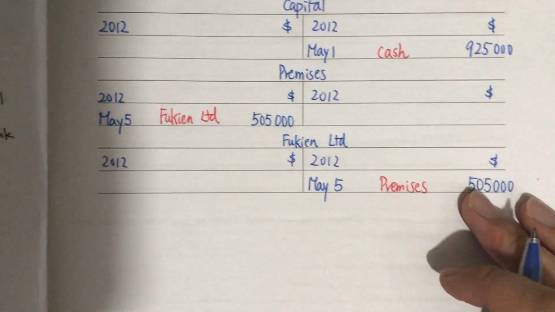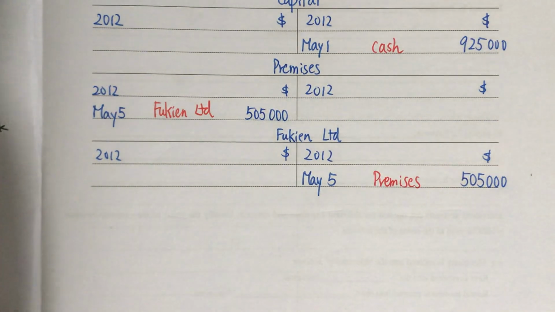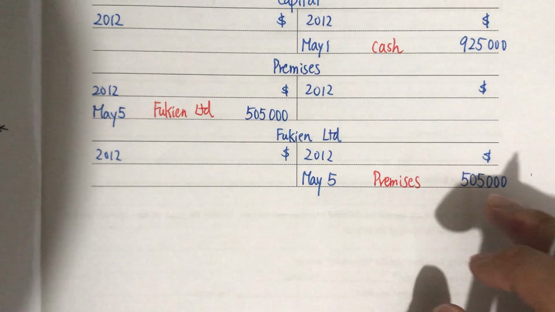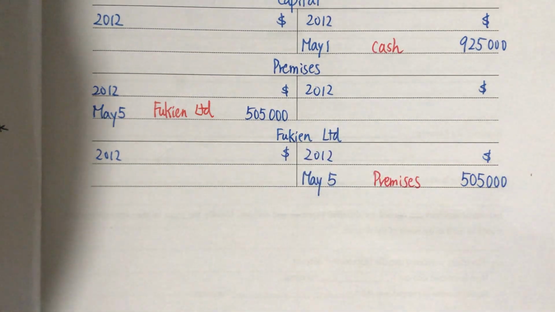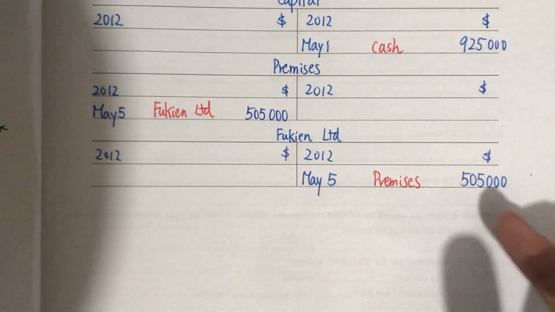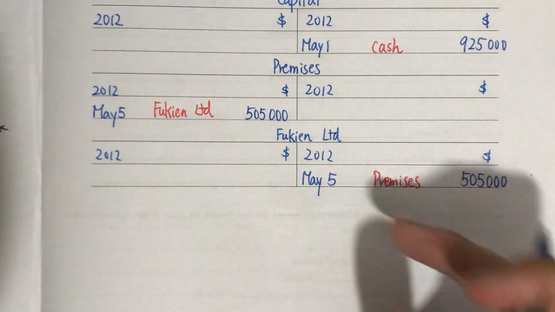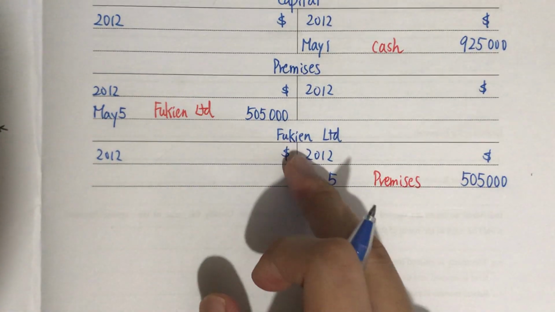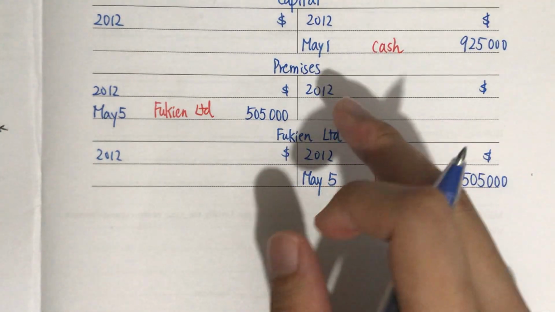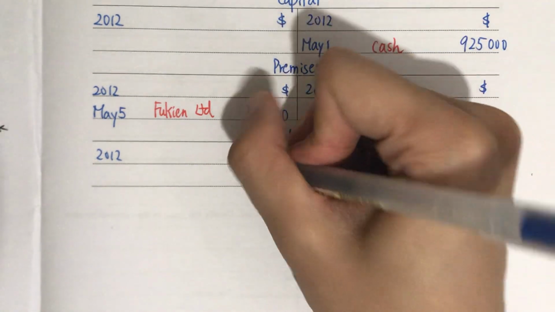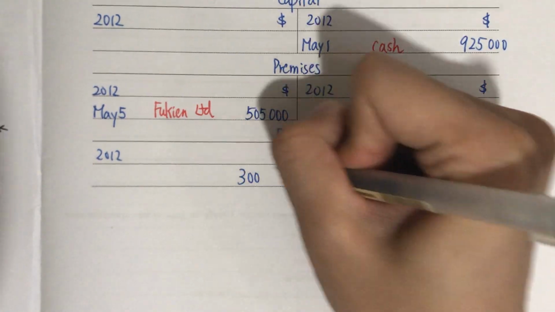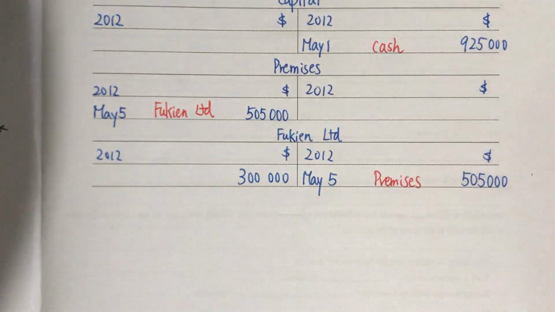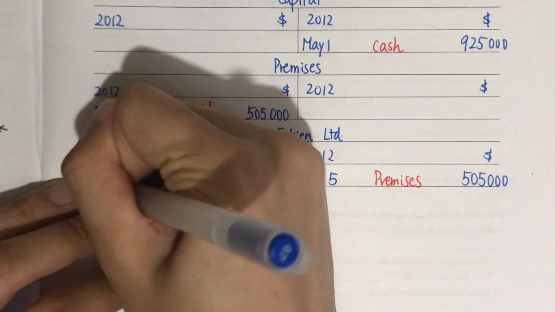Okay, and for the Fokin Limited, as we repay the dollars, we will no longer owe Fokin Limited the $505,000. Okay, there is a decrease for the Fokin Limited balance by $300,000.